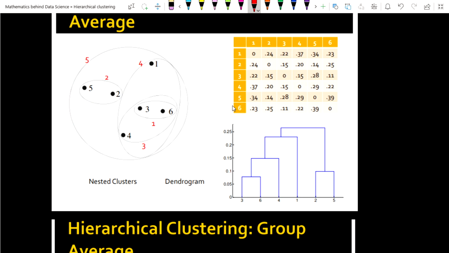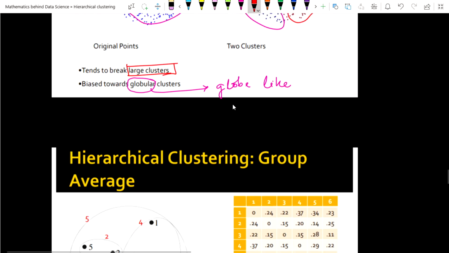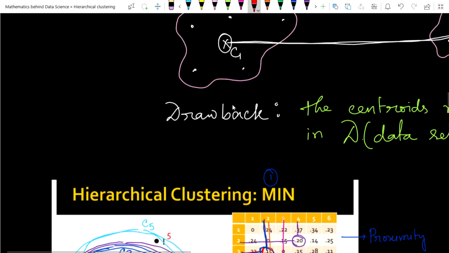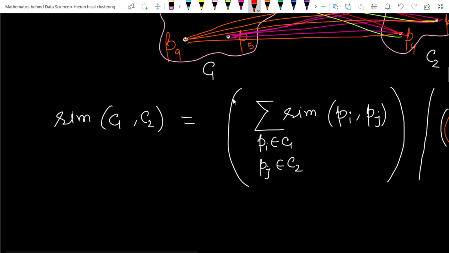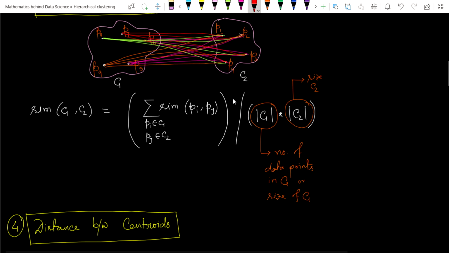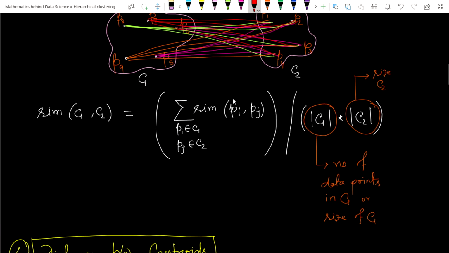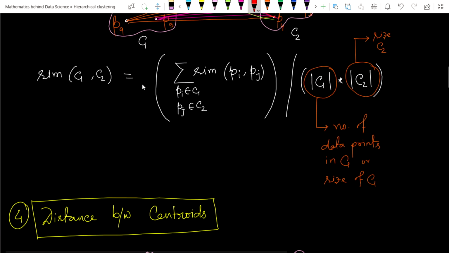The average formula we have already taken from here. Just see this formula: you have to choose this proximity value and make the clusters between C1 and C2. We have to find its average value.